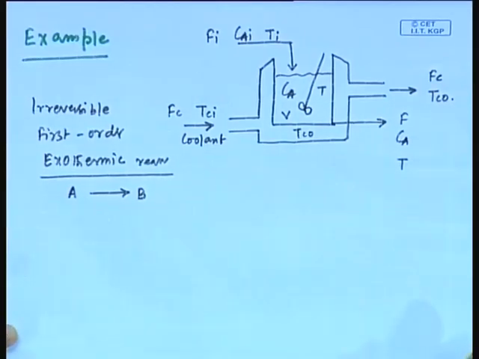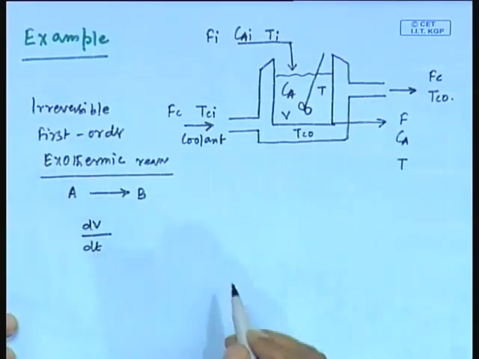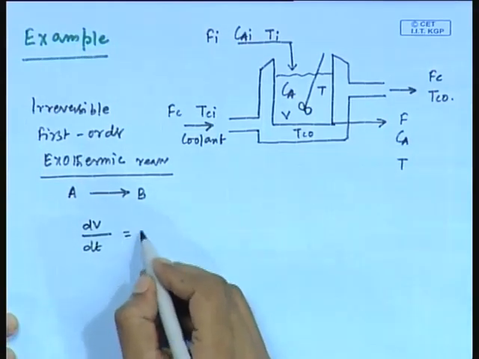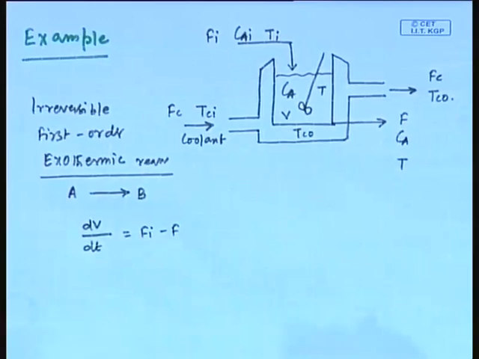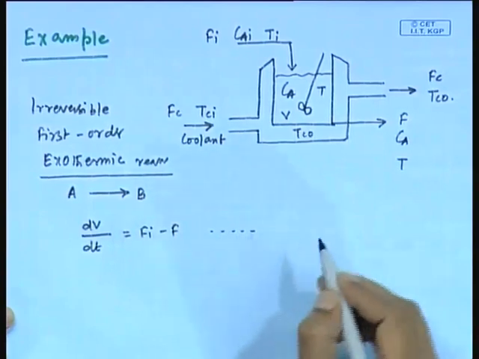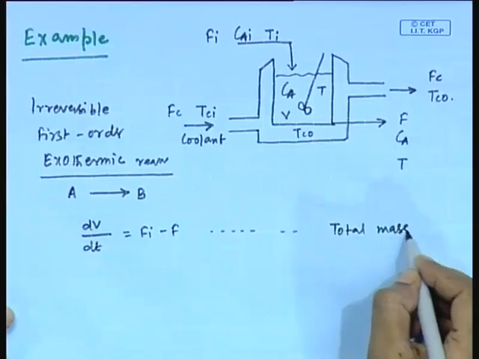So, based on the standard assumptions which we have considered earlier, we got 3 modeling equations. You recall these modeling equations. One is dV/dt equals Fi minus F. Fine. F is basically the volumetric flow rate. This equation we got based on total mass balance.